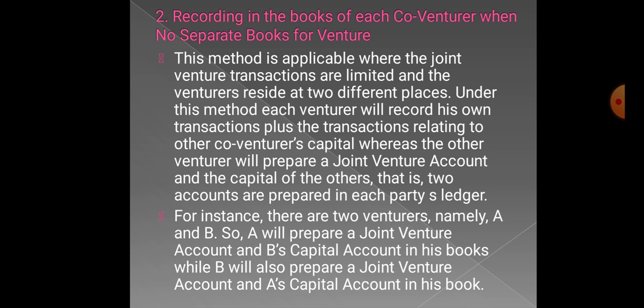In this method, joint venture transactions are limited and the venturers reside at two different places. Each venturer will record his own transactions plus the transactions related to the other co-venturers, so the other co-venturer's capital account will be maintained. So these two accounts, the joint venture account and the capital account of the other co-venturer, will be prepared in this second method.